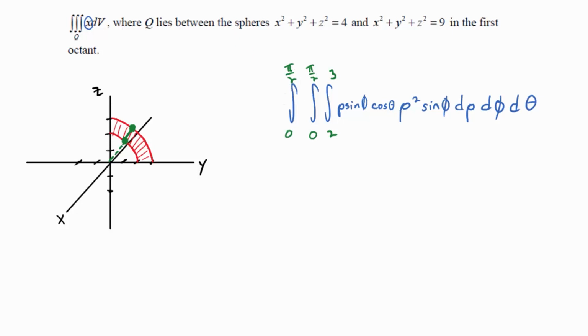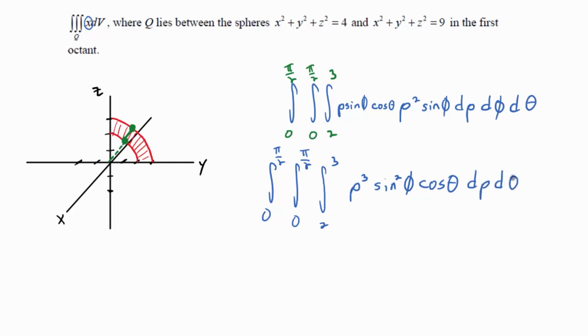So let's clean this up. The limits of integration won't change. And then we have rho to what power? Rho cubed, and then sine squared phi, and then cosine theta, d rho, d phi, d theta.